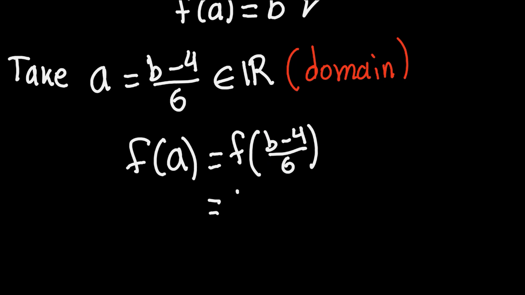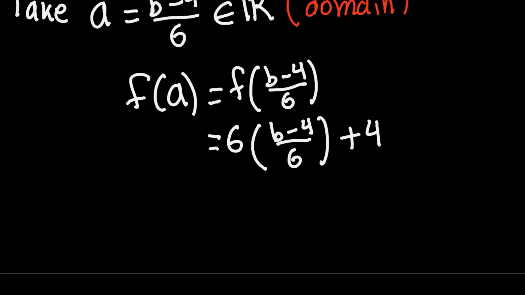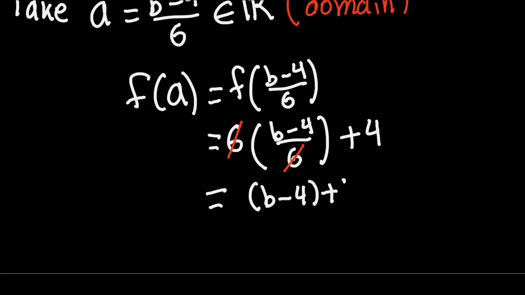So it's going to give me 6 times the number, which is B minus 4 over 6, and then plus 4. And that quantity has to give me B. And it does, because if you cancel things out, the 6 here is going to cancel. So that's going to give us B minus 4 plus 4. And if you simplify again, that gives you B.